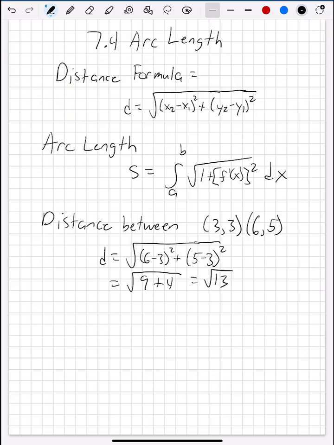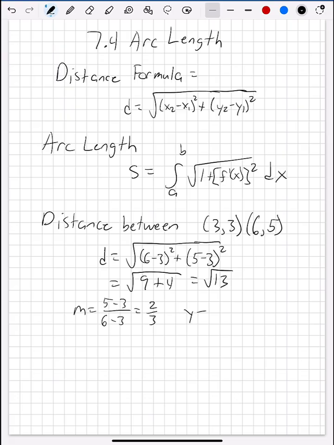The distance between the 2 points gives us the value if it is a straight line. However, to compare, let's assume that we do have a line. The arc length will still tell us the distance, but we have to generate that line function. So I have to figure out my slope, which is (5 minus 3) over (6 minus 3), which is 2/3.